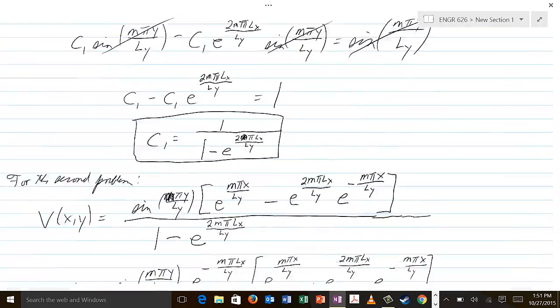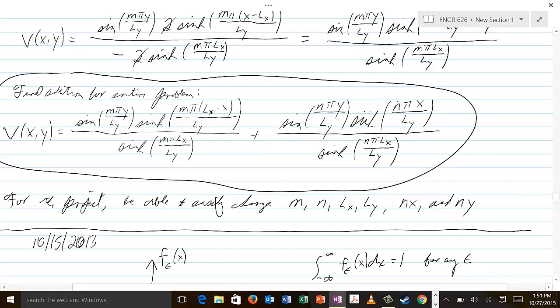And as we just discussed, at x equals 0, this term will cancel this term, and indeed we will get sine of m pi y over Ly. And notice the second term, since sinh of 0 is 0, the second term drops out entirely. So the boundary condition along the left-hand boundary is indeed satisfied by this expression.